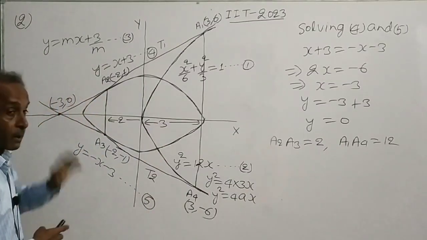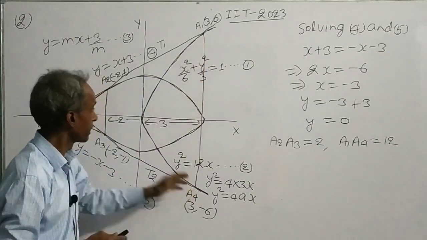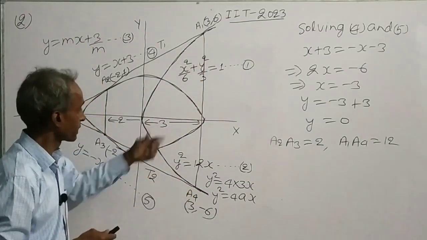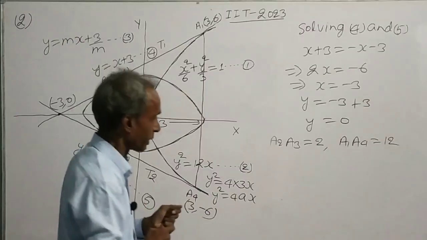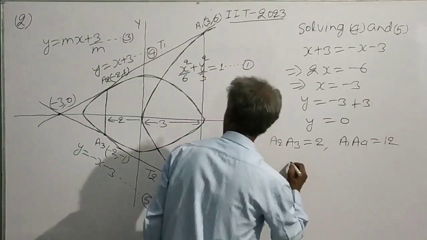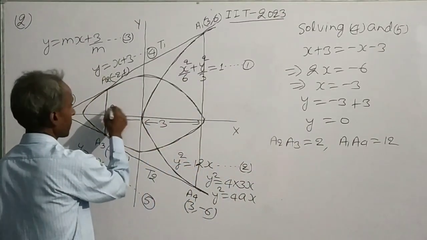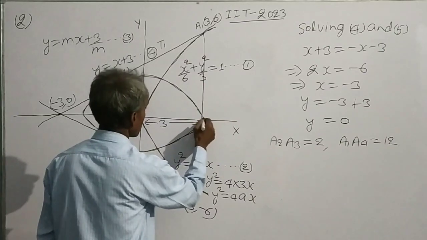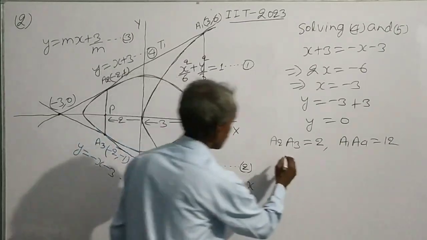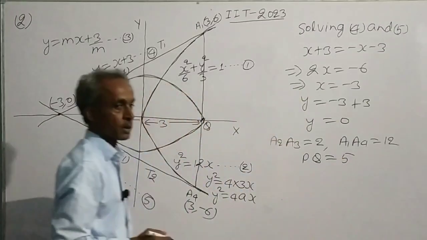Therefore the perpendicular distance between these two parallel lines will be 2 plus 3, that means 5 units. Suppose this is P and this is Q. PQ is equal to 5 units.